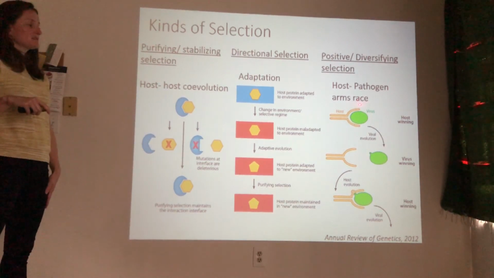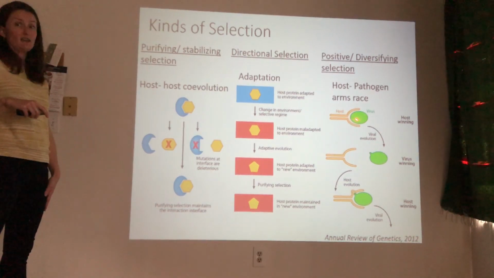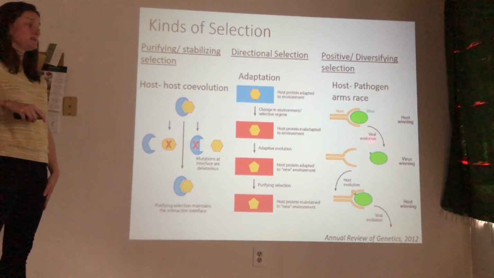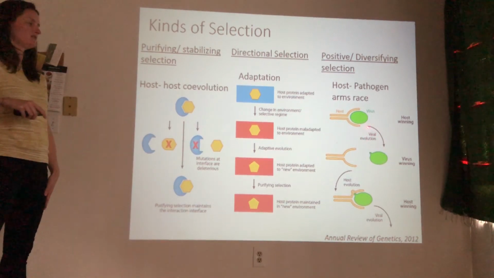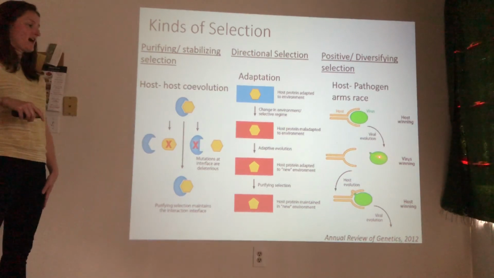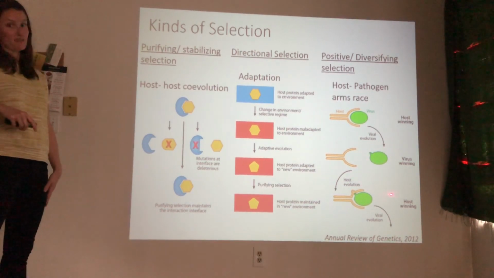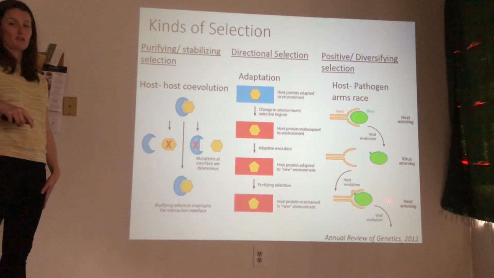So viruses that have mutations that disrupt the binding to the host protein are likely to be selected for, so long as the virus is still viable. Those are going to be selected for because now the virus is able to escape detection by that host protein. And so then hosts that have mutations that allow it to again bind the virus or bind the new viral variant are then going to be selected for.